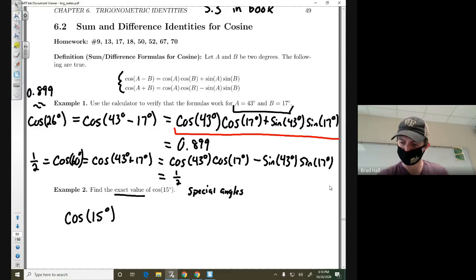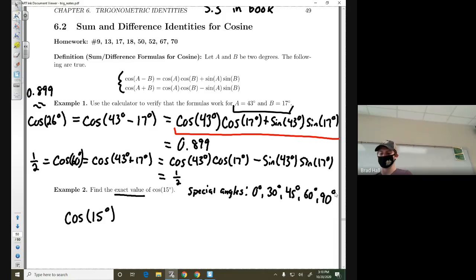Special angles: 0 degrees, 30 degrees, 45 and 60 and 90. Would any combination of those numbers, as in a sum or difference of those numbers, give us 15 degrees?